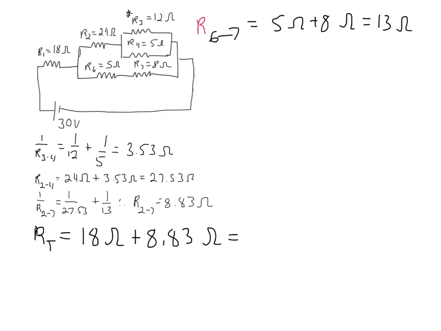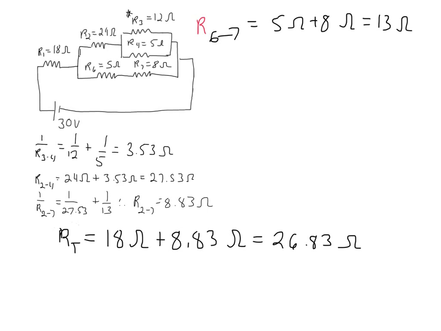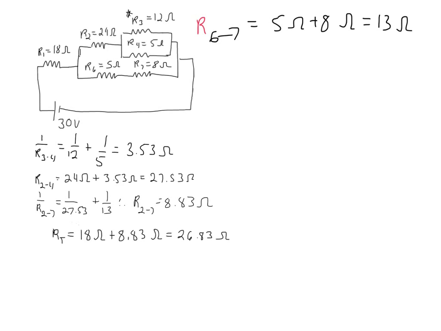And we do that math, we get the total resistance is equal to 26.83 ohms. So now we have the total resistance.